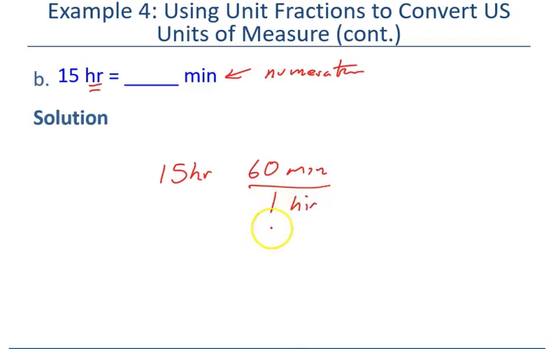Notice here that the hours cancel out, and then we've got this 15 times 60, which I'll go and get the calculator out for that. 15 times 60, and that's going to give us 900 minutes. Just remember, the thing that you're trying to convert into, that's your numerator, because notice here, that's where I was trying to head.